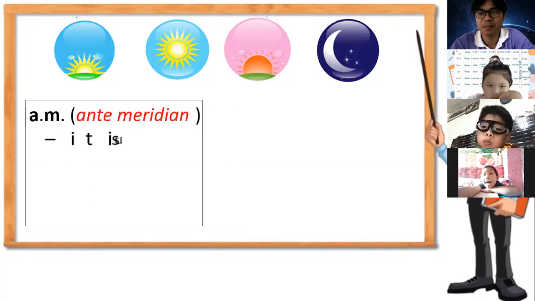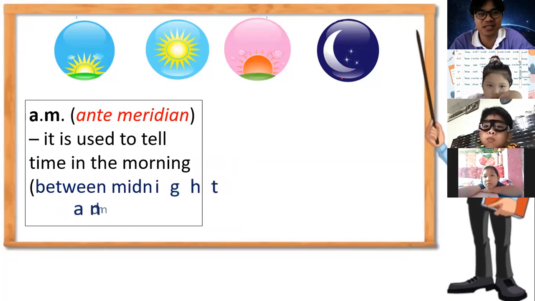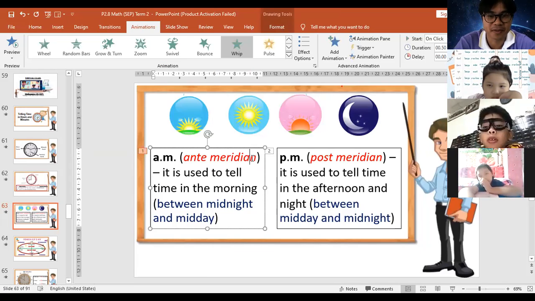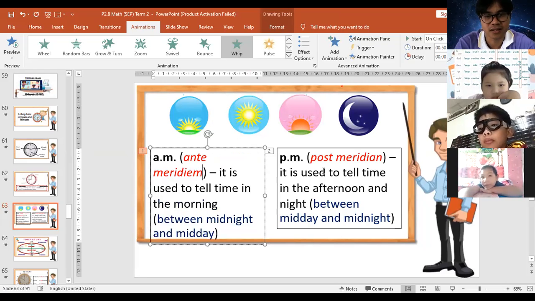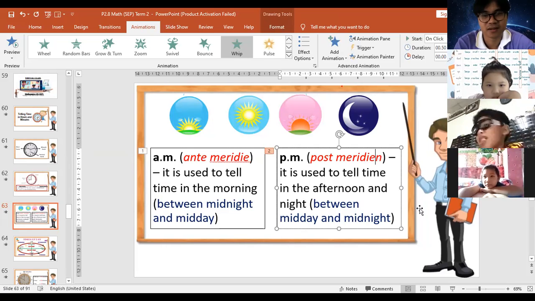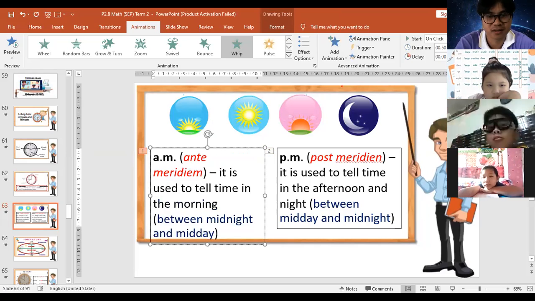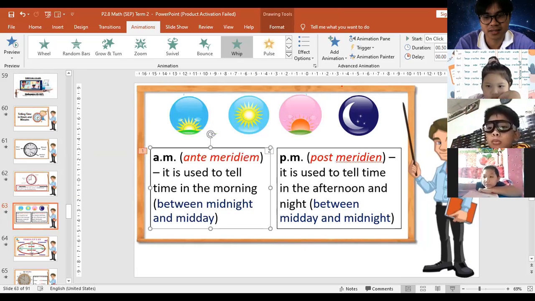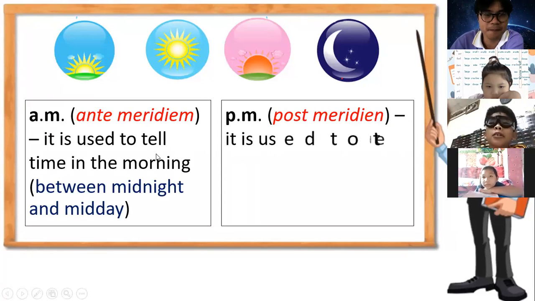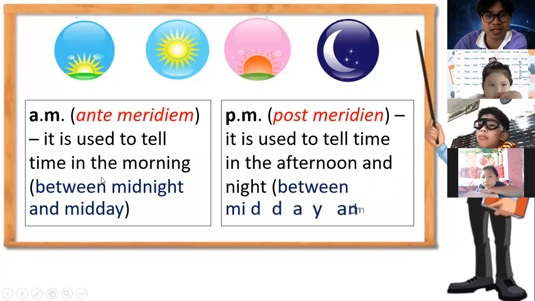AM is anti-meridian, and again, it's called anti-meridian and post-meridian.